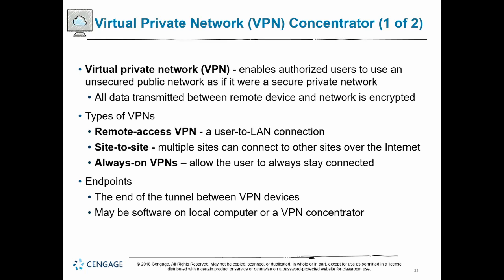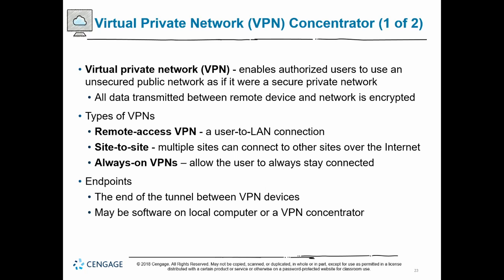Site to site is when one of your networks needs to talk to another network. It can be two different networks of yours, or a partner company. You need your sites to be connected, right? And always on VPN allows the user to always stay connected.